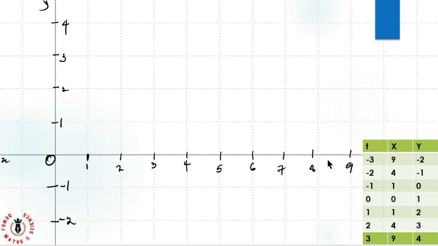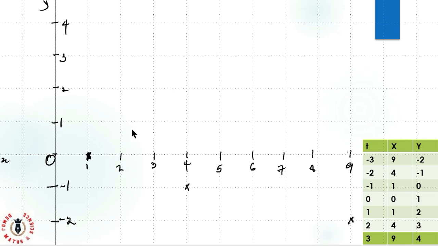Now when x is 9, my y is minus 2, so I can pick this point. When y is minus 1, my x is 4, I can pick this point. When y is 0, my x is 1, so I can pick this point.